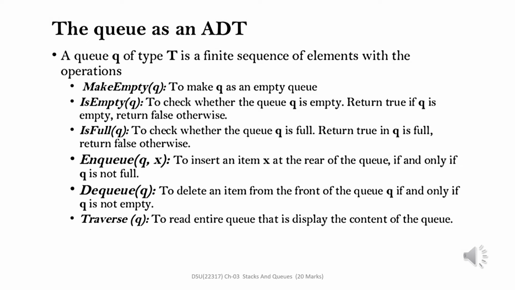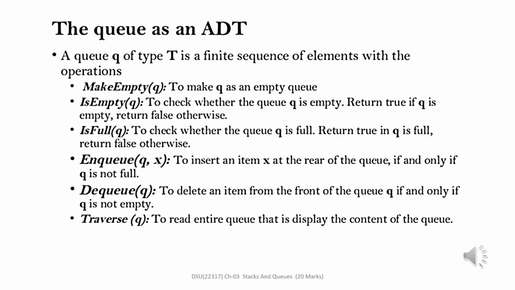Now the queue as an ADT, that is abstract data type. A queue of type T is a finite sequence of elements with the following operations. First is make empty queue, to make the queue empty. IsEmpty, to check whether the queue is empty, returns true if the queue is empty and false otherwise. IsFull, to check whether the queue is full, returns true if the queue is full and false otherwise.